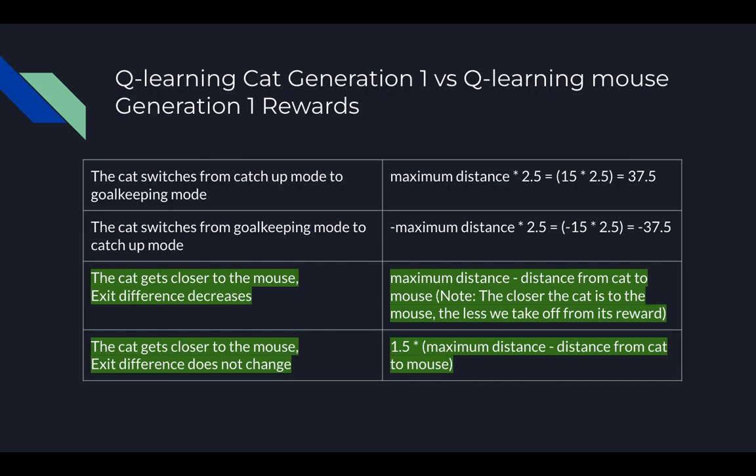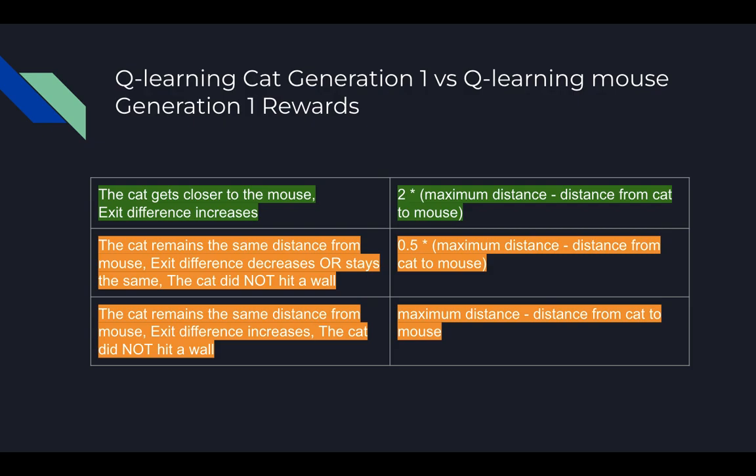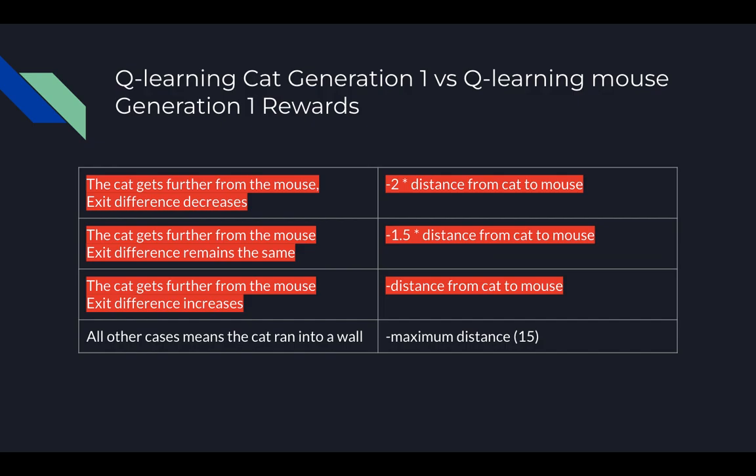The conditions in which the cat gets closer to the mouse are ideally what we want and are highlighted in green. A greater reward is applied for increasing the exit difference, while a lesser one is applied for decreasing it. The orange conditions are when the cat maintains distance from the mouse, and the red conditions are when the cat gets further from the mouse.